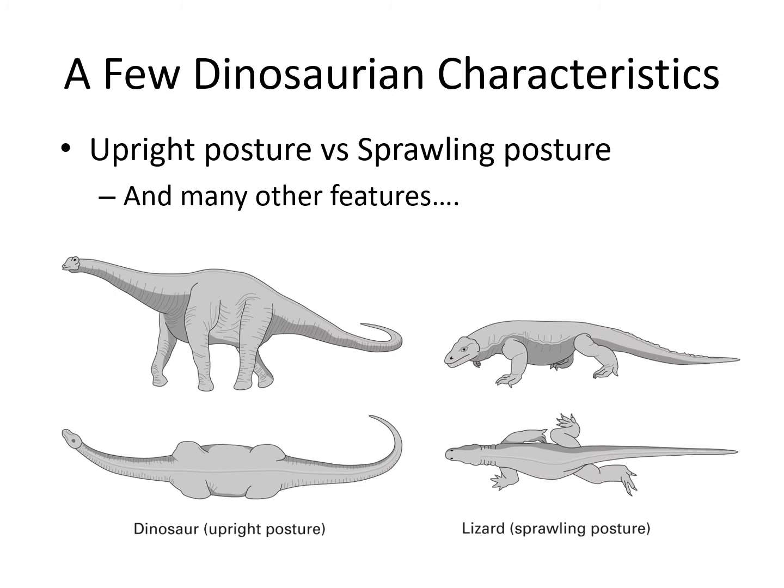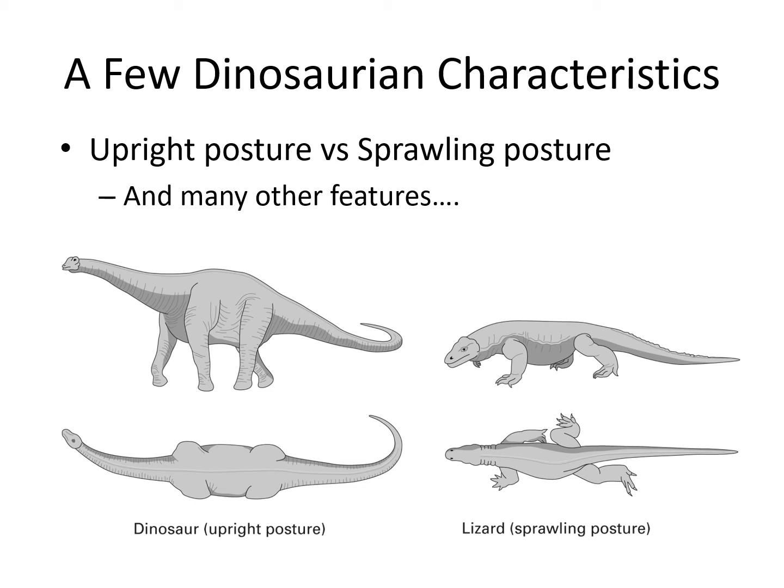So how do we define a dinosaur? Well, there's a lot of different characteristics, but just for today or this week, I just want to cover a couple of the basic ones. One of the first things you can notice is the posture. Dinosaurs, whether it's a T-Rex or a Brontosaurus or a Diplodocus, all have an upright posture versus the sprawling posture that we see with reptiles like lizards.